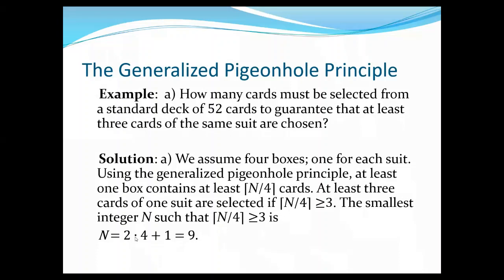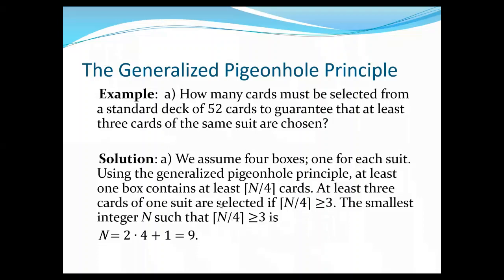So 2 times 4 plus 1 is equal to 9. So ceiling of 9 over 4 should be greater than or equal to 3.